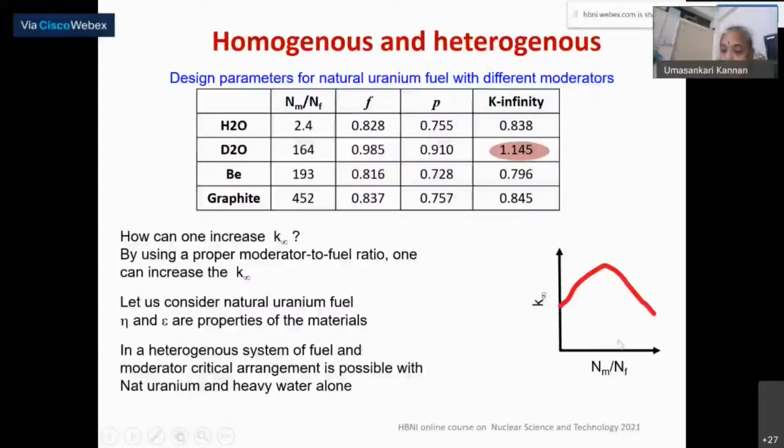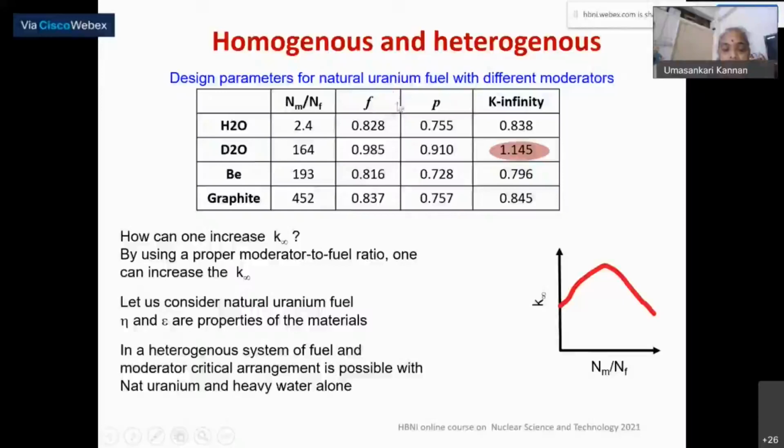There is a definite peak for any reactor design, and it reduces on either side. So for this particular arrangement of moderator to fuel, I will have maximum K infinity. In operating conditions, we try to design the system almost in and around the peak. That's why we will be optimizing the geometry of the fuel pin, the amount of moderator, everything.